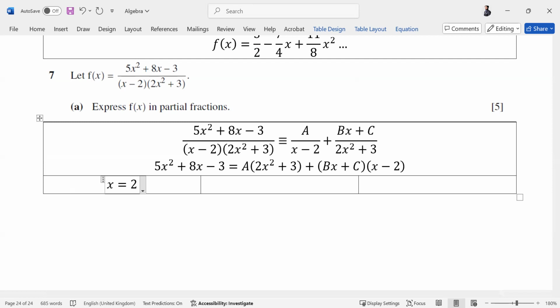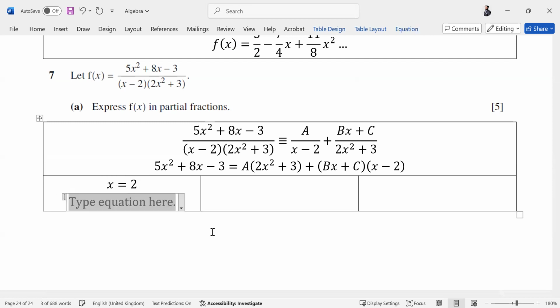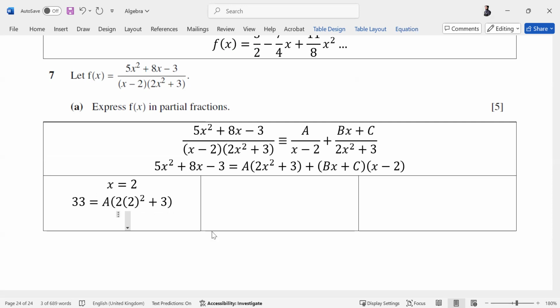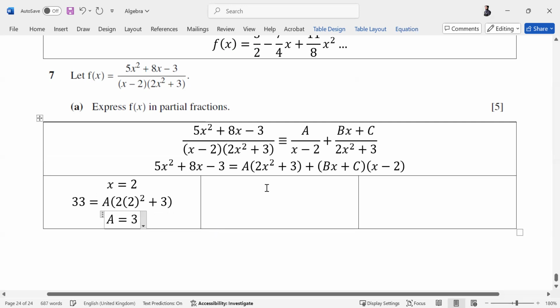Trying to make x minus 2 as 0, we end up getting x as 2. 2 का square 4, 4 5s are 20, 20 plus 16, 36 minus 33 is 3, equal to A into 2 का square plus 3. So A is 3. Now what is the next value of x that you would want to use?